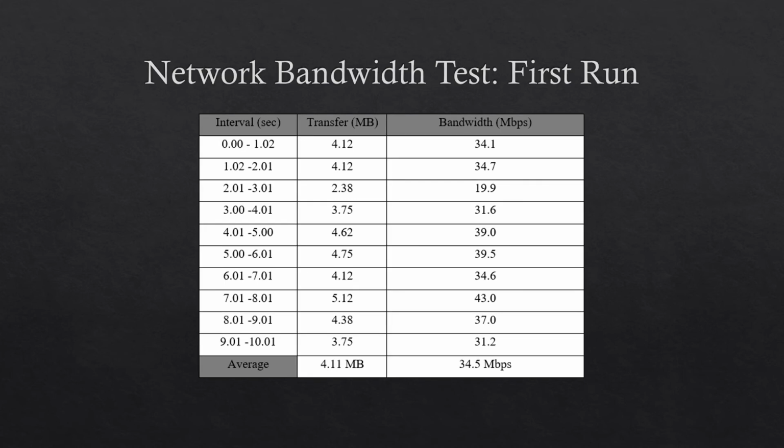But even from that scenario, we see that the performance is very acceptable, where we get an average of about 34.5 megabit per second, which is more than the required bandwidth for cloud computing.